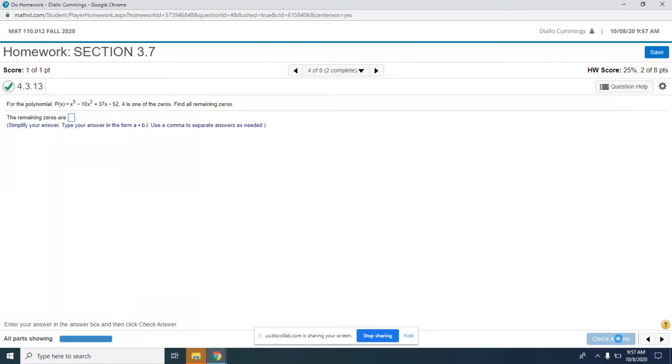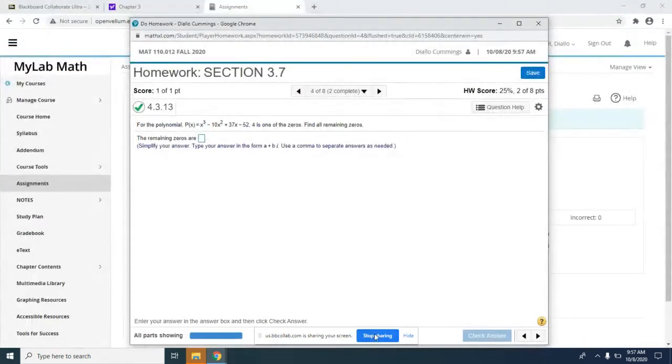We're given 4 as one of the zeros, and we're asked to find the remaining zeros. So I'm going to go back to the document camera, and we're going to solve it.